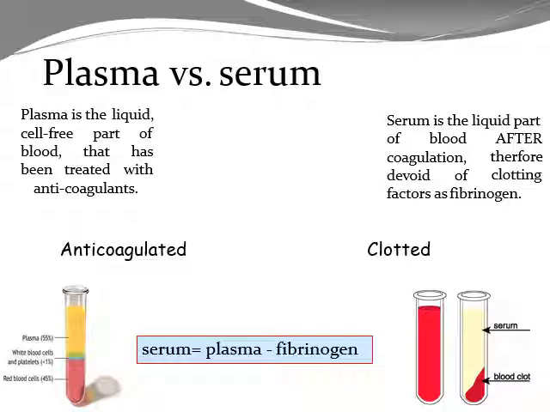So it has been allowed to clot, and after clotting, the liquid portion that remains is defined as serum. So basically serum will lack those coagulant factors such as fibrinogen and prothrombin. These factors will be lacking in the serum.